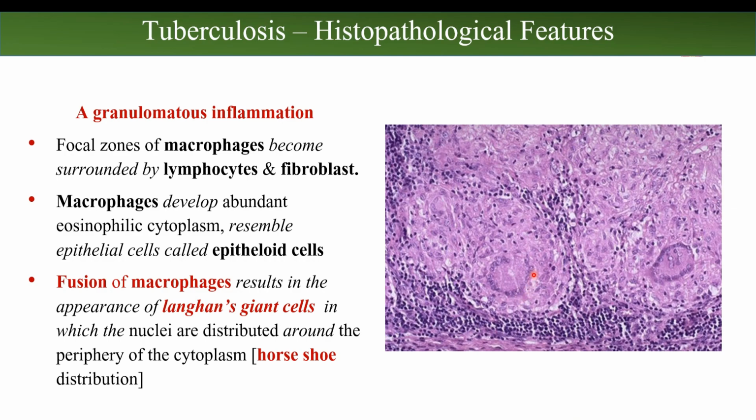And in case of tuberculosis, these multiple nuclei are arranged in the form of a horseshoe, as you can see here, and in that scenario it is called a Langerhans giant cell. After this, please go and check out the video which I have uploaded, which will give you a much better understanding of the histopathology of tuberculosis.